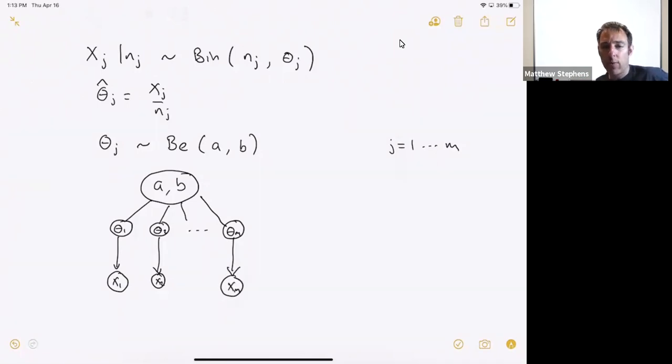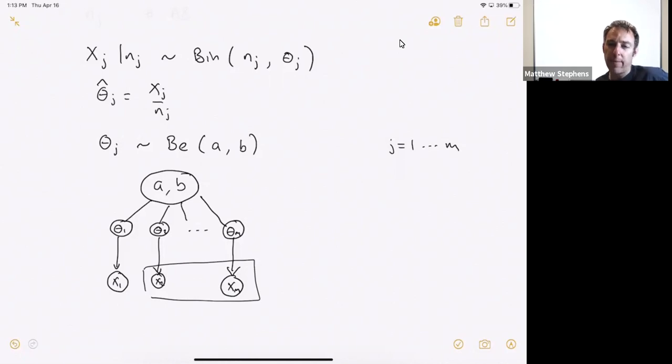So the intuition here is that when we're estimating theta 1, let's say, all the other data tell us something about A and B. So we could use all these other data to estimate A and B, and then use that as a prior on theta 1. But actually we're interested in all of the thetas.